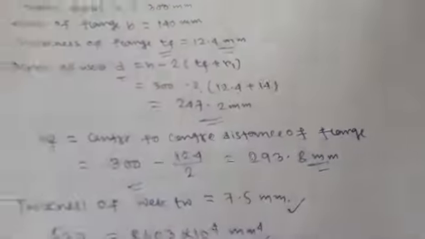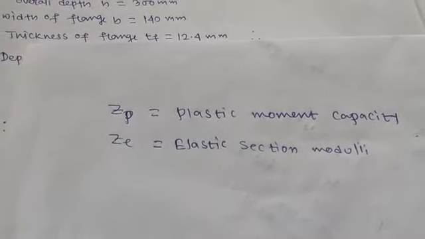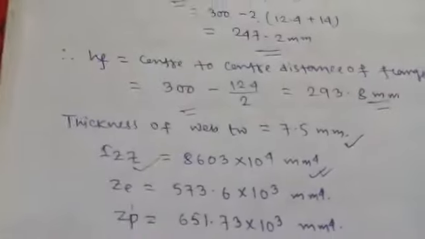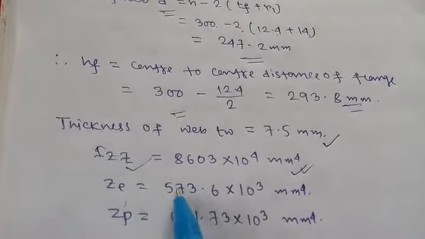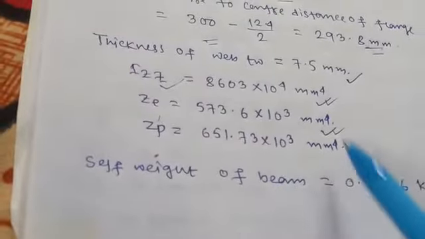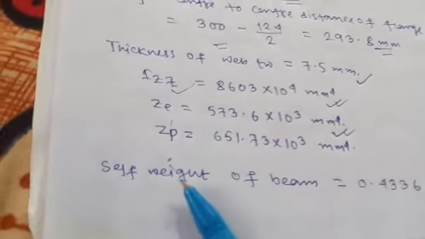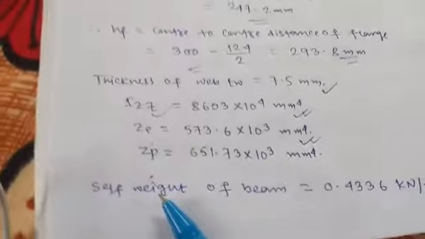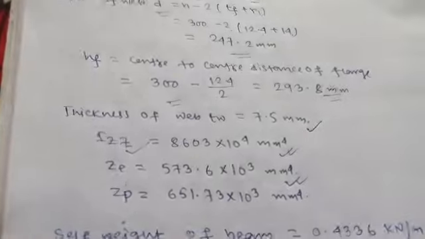Ze is the elastic section modulus. So Ze equal to 573.6 into 10 to the 3 mm cube. And Zp is 651.73 into 10 to the 3 mm cube. So those are the given values.